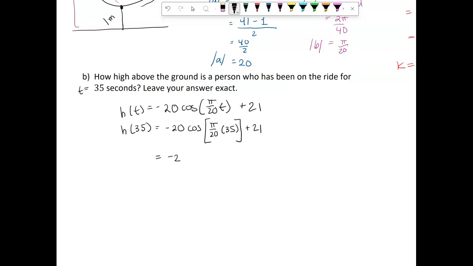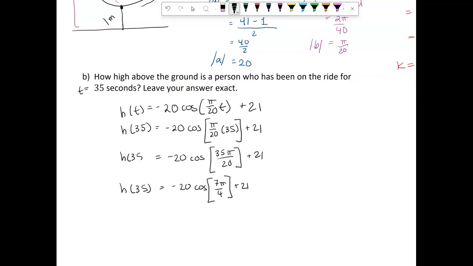Remember, we're going to have to do this in exact value. So we're just going to leave this as 35 pi over 20, which then reduces down to exactly 7 pi over 4, which is a value we should recognize as a special triangle value.